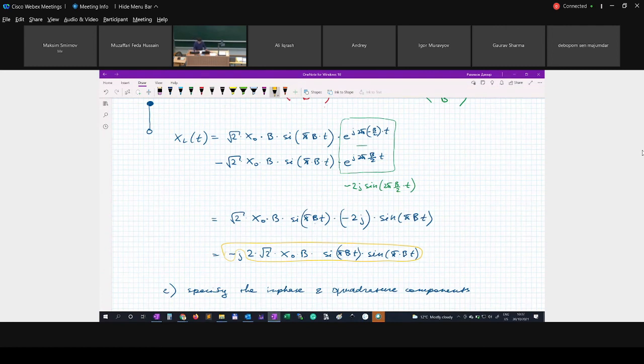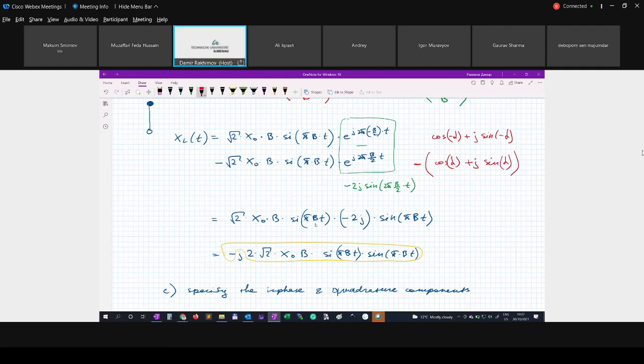For the exponential function, for the first part we have cosine minus alpha plus j sine minus alpha. For the second part, we have cosine alpha plus j sine alpha. We have minus in front of the whole expression, like this.